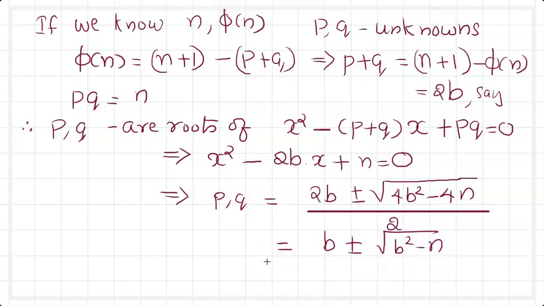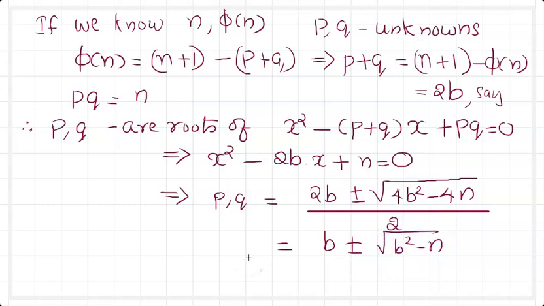Now, it remains to find the time estimate for this calculation. Here we can observe that in finding both p and q, we will need to multiply b and b. That is, we need to find b squared, then we need a subtraction, that is b squared minus n. Here, finding p and q requires subtraction, multiplication, addition, etc. And of course, finding the square root.